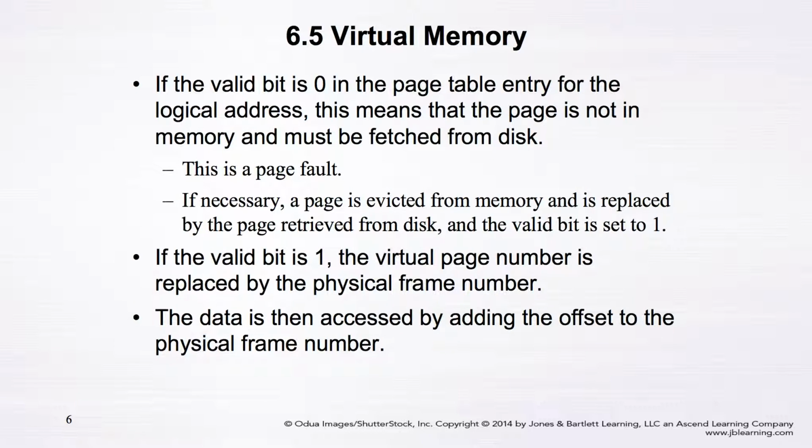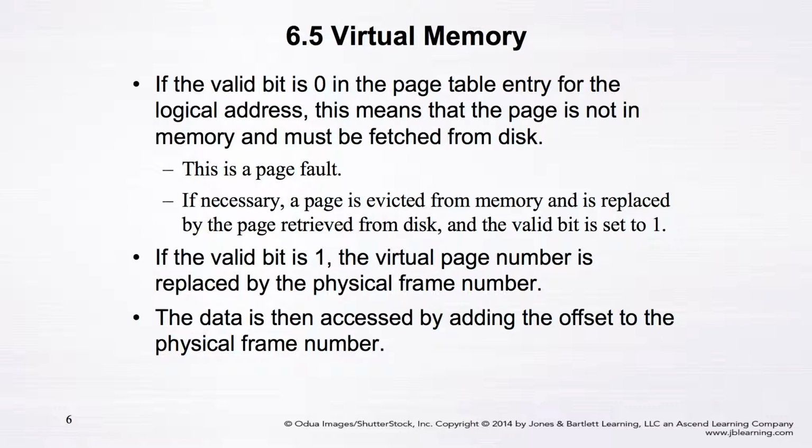We can also see that when the valid bit equals 0, the page table entry for that logical address means that the page is not in the memory and must be fetched from the disk. That's going to cause a page fault, and if necessary a page is evicted from the memory and replaced by the page retrieved from the disk, and the valid bit is set to 1 when we retrieve it from the disk and put it into the memory.